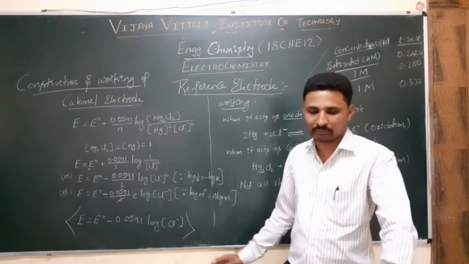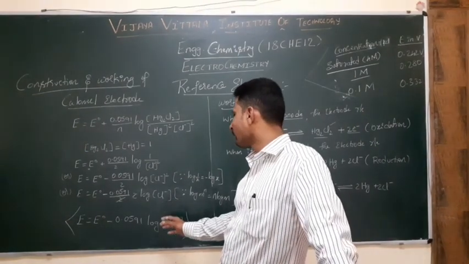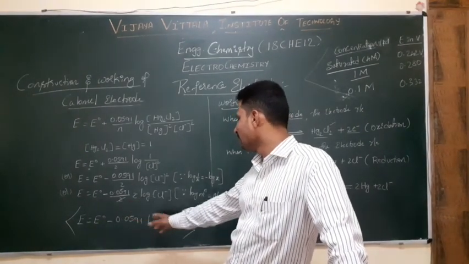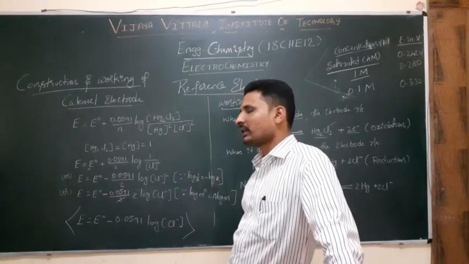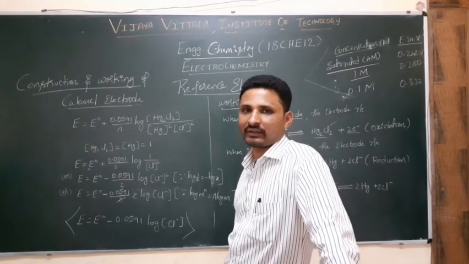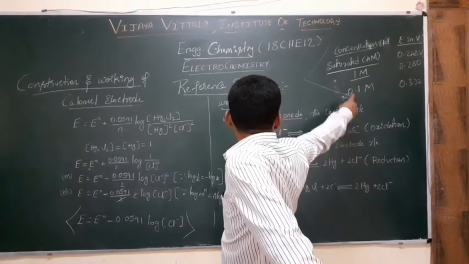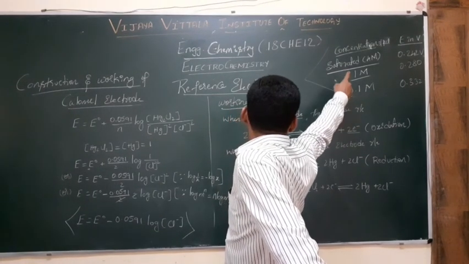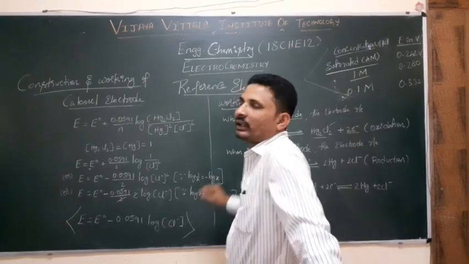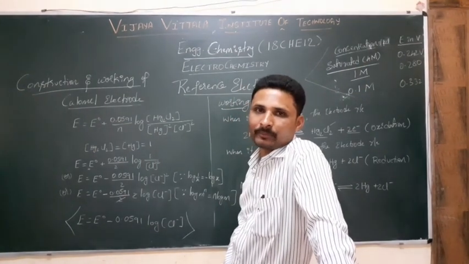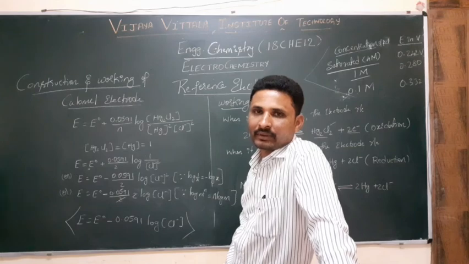That is, the potential of the Calomel electrode mainly depends on the concentration of KCl solution taken. You can notice that when the concentration varies, there is a change in electrode potential value. Right?